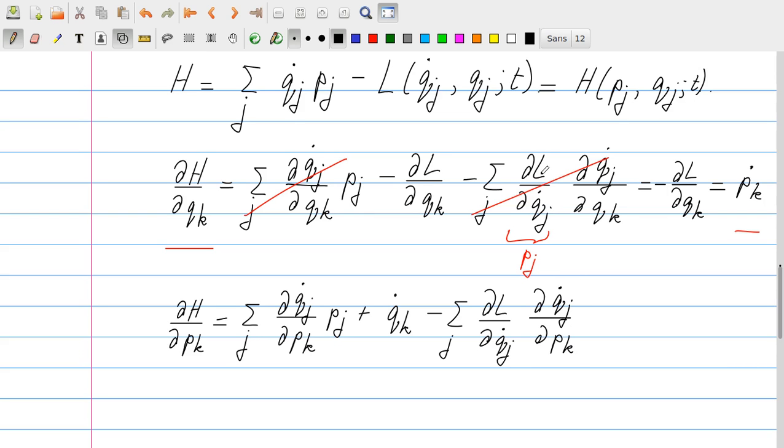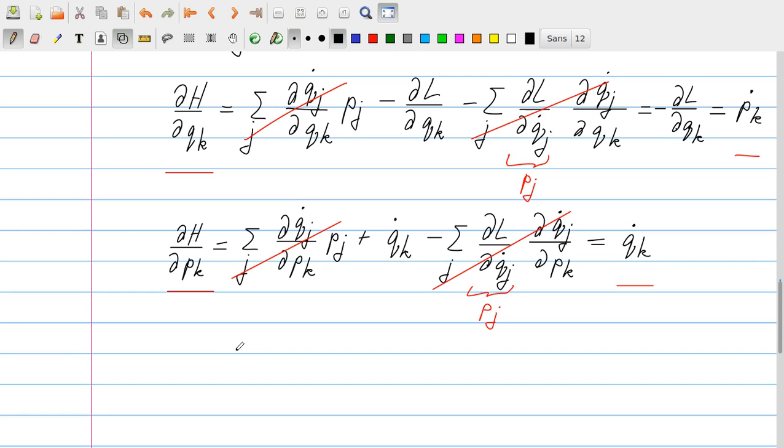And again, just like in the previous line, we can identify this with pj, and then we see that this term cancels against this term, and so we are left with q̇k.